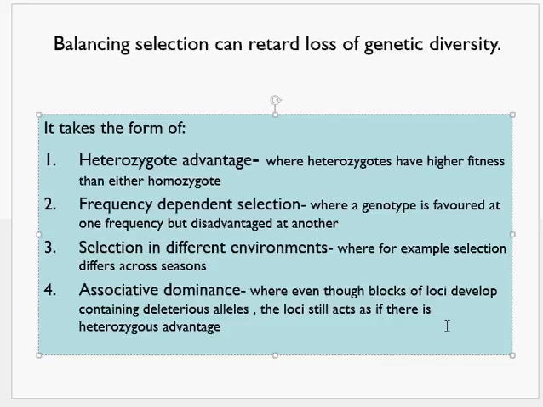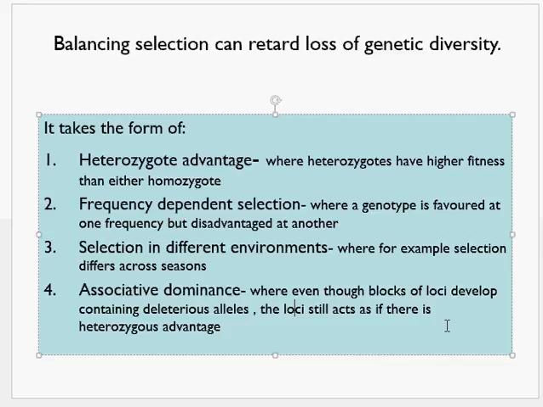So the loci will still act as if heterozygous. That's because the loci are grouped together and their effect is masked by another associated loci. Okay, so this can all retard the loss of genetic diversity and the effects of low genetic variation.